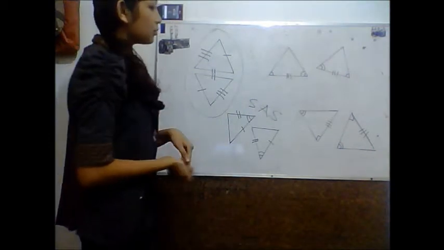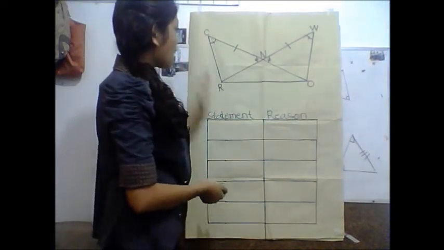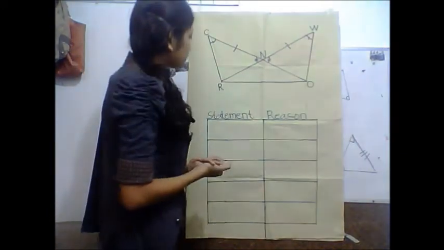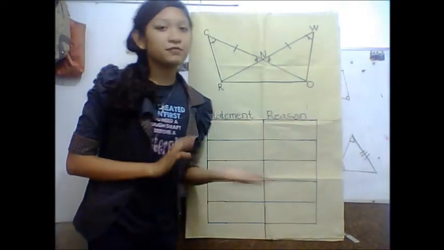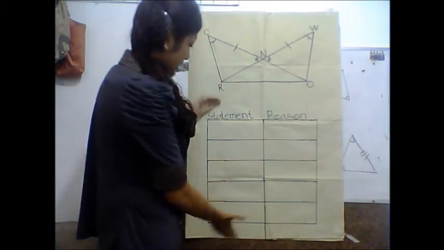So now we will cite an example. This will be our example. So we have CROWN, or crown. To solve it, first we have to make our statement and reason chart. Here it is.